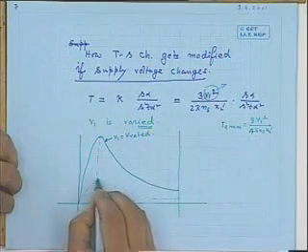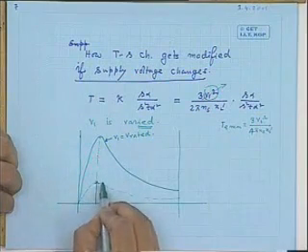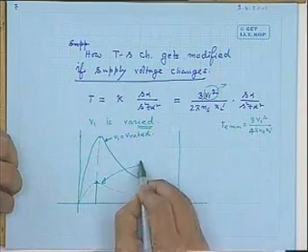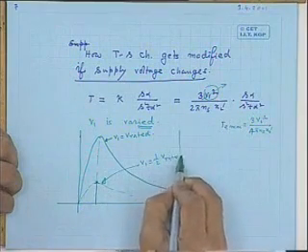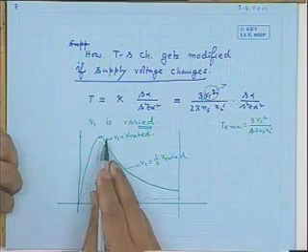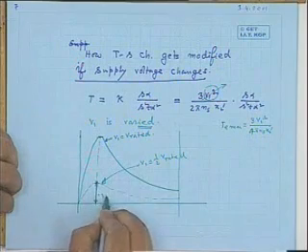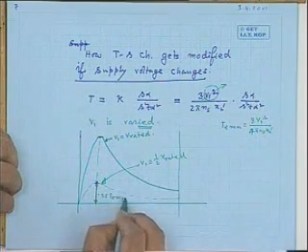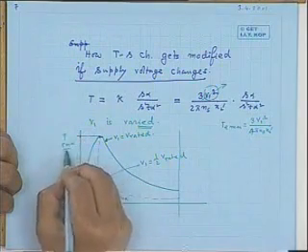All other ordinates will get changed accordingly. This corresponds to, suppose V1 is equal to half V rated, and the maximum value of the torque will be only 25% that of the T max here. This will be 0.25 T max.